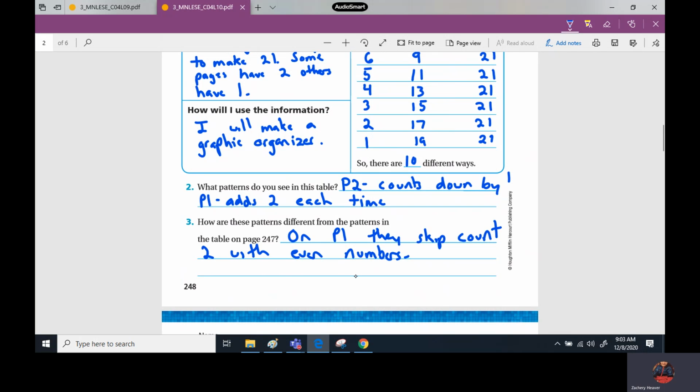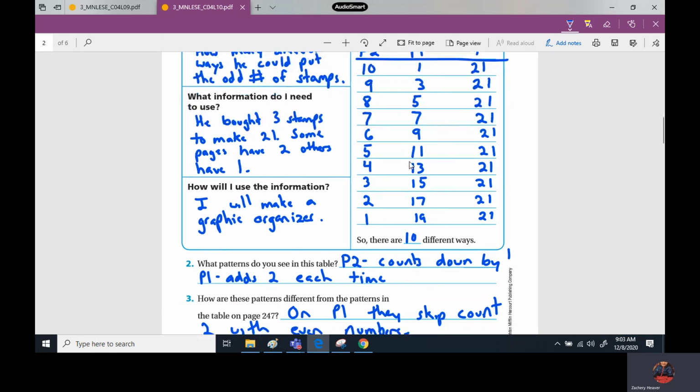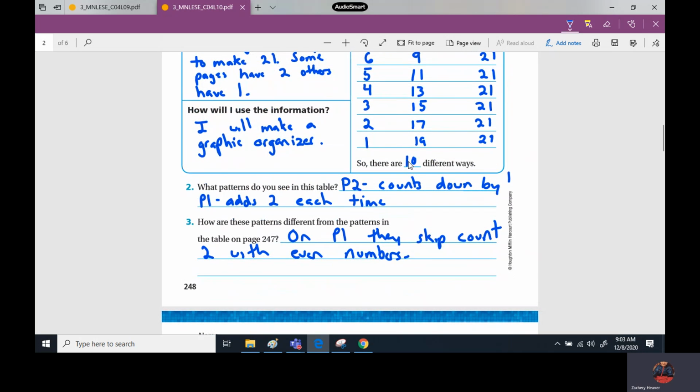That's what they do on page 247. On 248, we add 2 to odd numbers. All these are odd. All of these are odd. I'll give you a second to copy all that down.